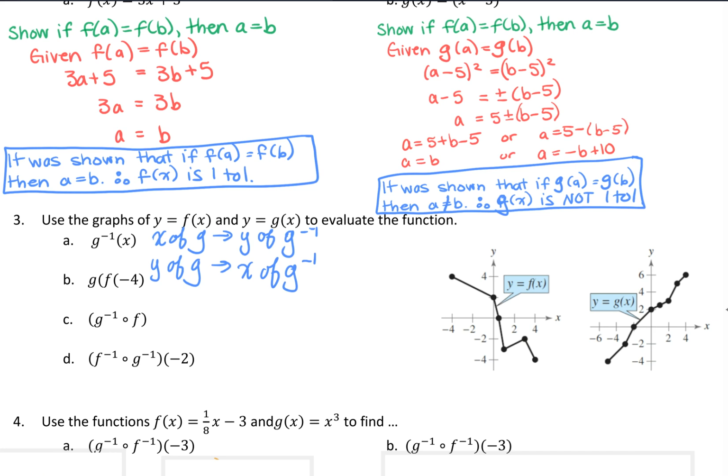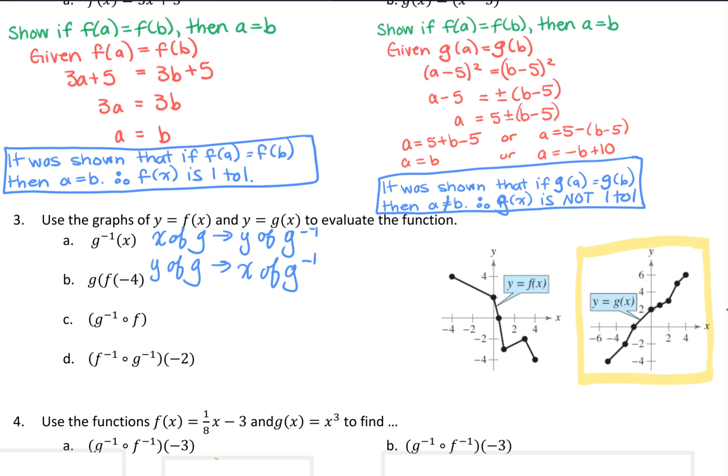So when we look at the graphs, we're only given the graph of f, and we're given the graph of g. So for this first one, we're focusing on the graph of g. So this says, if I'm looking for g inverse of x, I have a typo in this.